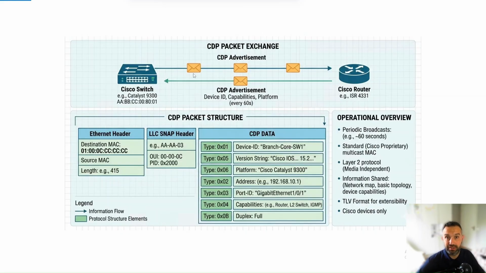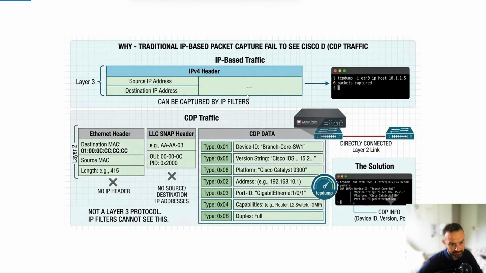So why don't traditional IP-based captures work? As you can see, there is no IP header and no source or destination IP address. That is why we can't capture CDP traffic with tcpdump by simply selecting an interface and capturing all traffic. You can't capture the CDP traffic that way.